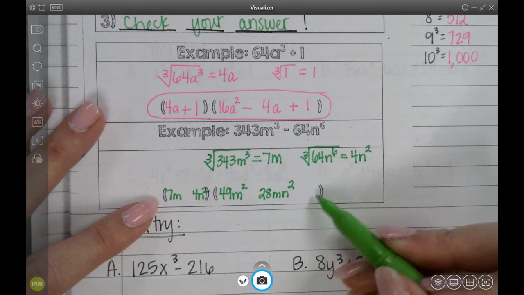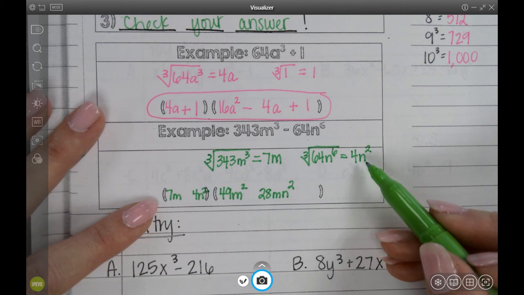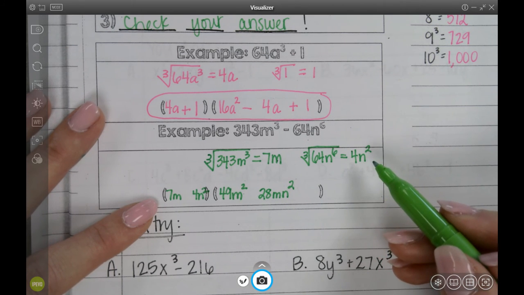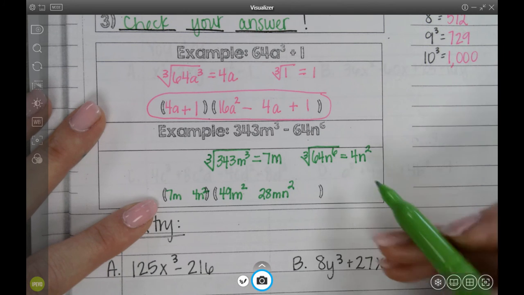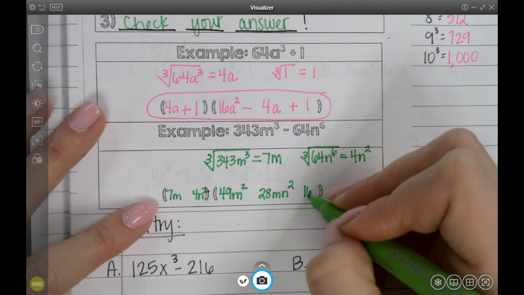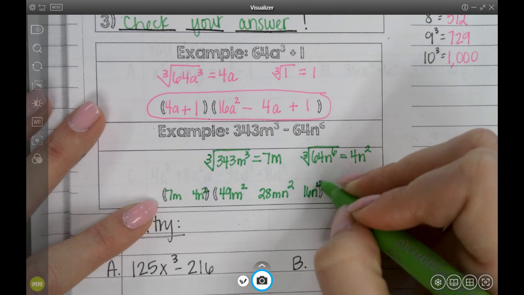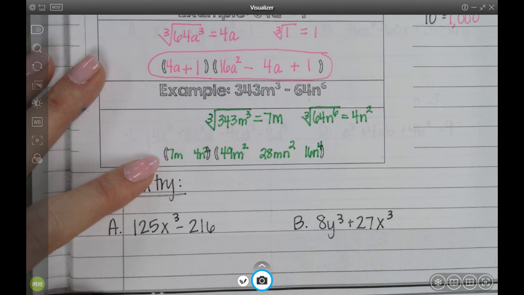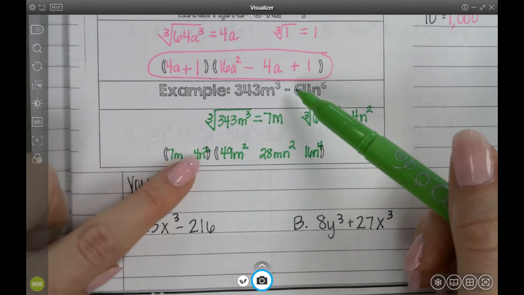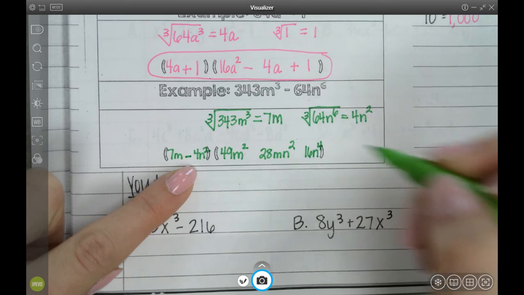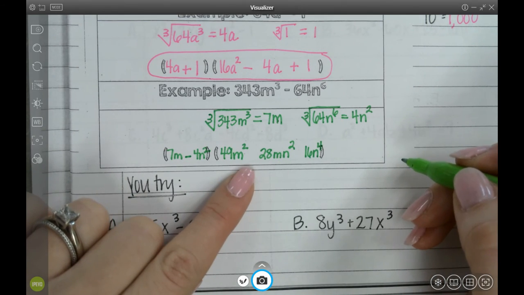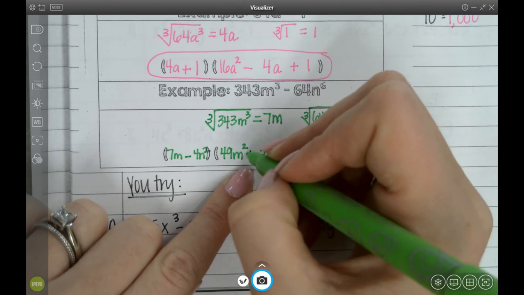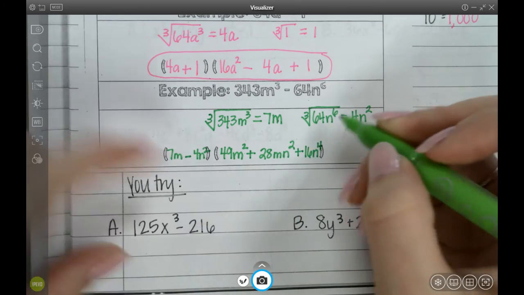This last term comes from 4n squared times 4n squared. 4 times 4 is 16. N squared times n squared is n to the 4th. Then you get to fill in your signs. So the same sign, a minus. Opposite makes it a plus. The last one is always positive.